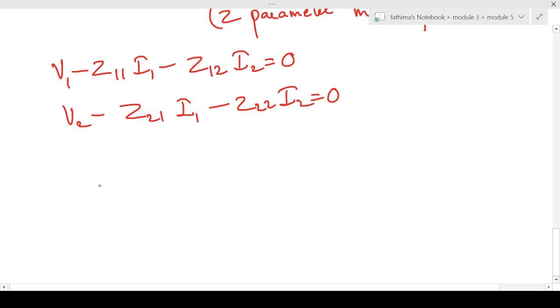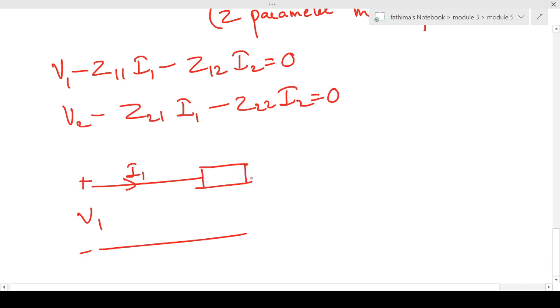So the voltage at the input port is V1. V1 minus, the current entering the input port is I1, so V1 minus Z11 I1. Z11 can be represented as an impedance, so this box represents the impedance Z11. Now we have to represent Z12 I2.